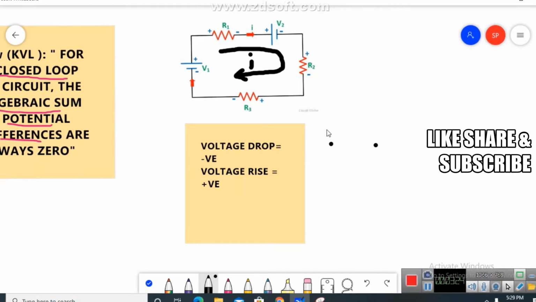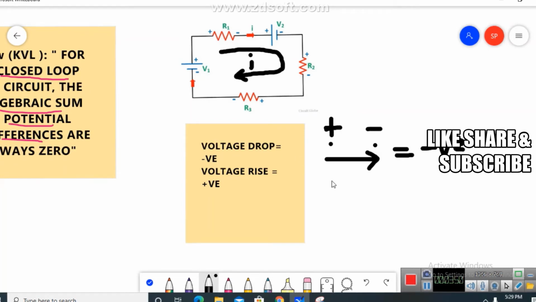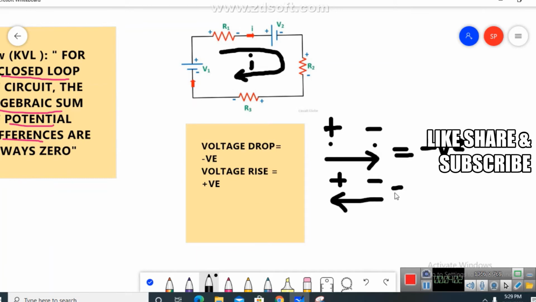With the polarities plus and minus, if the current is flowing from the positive side, plus to minus, in this direction, then we will consider it a voltage drop. Similarly, if the direction of current flows this way, we will consider it a voltage rise.